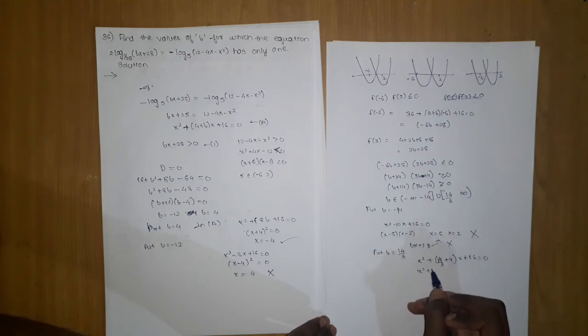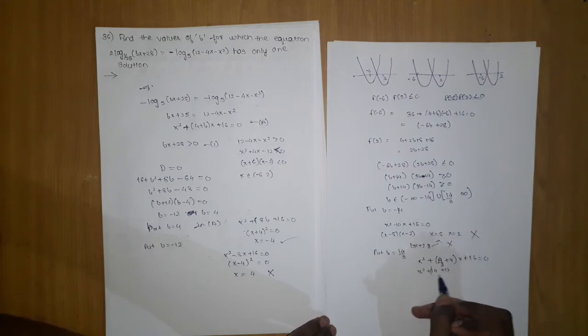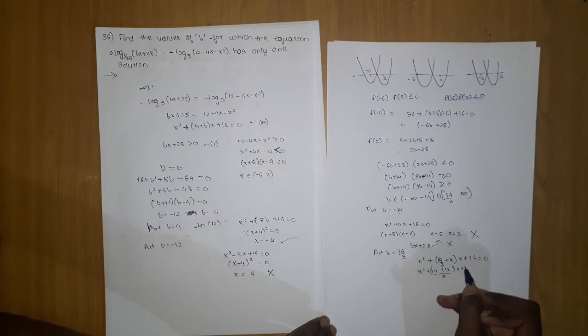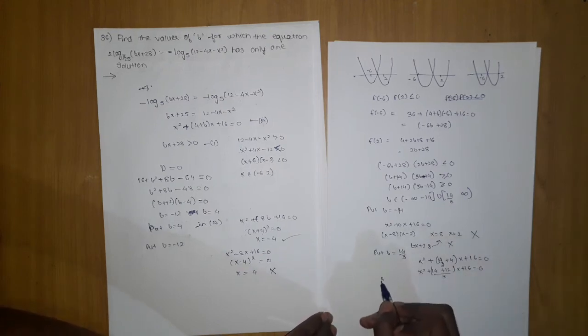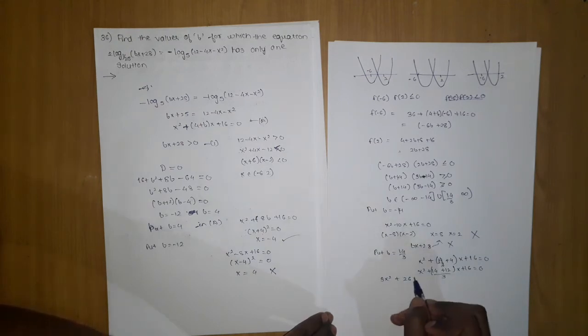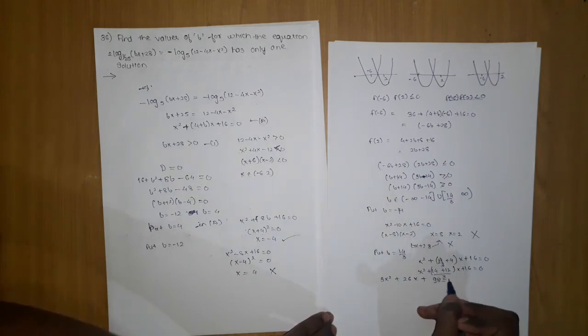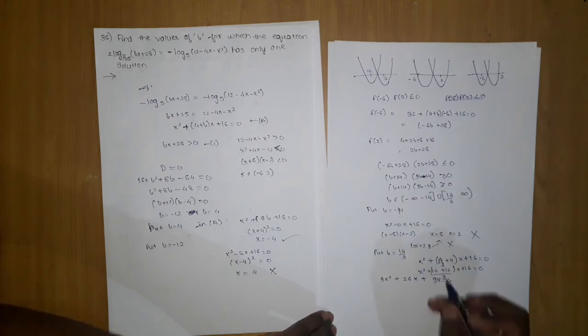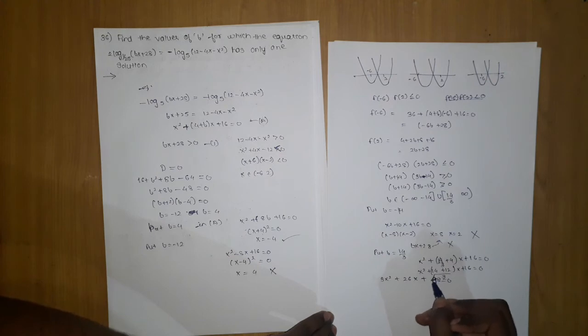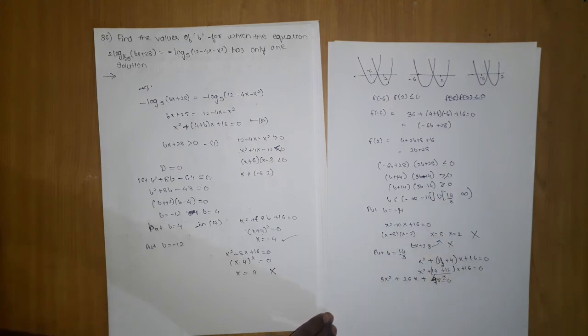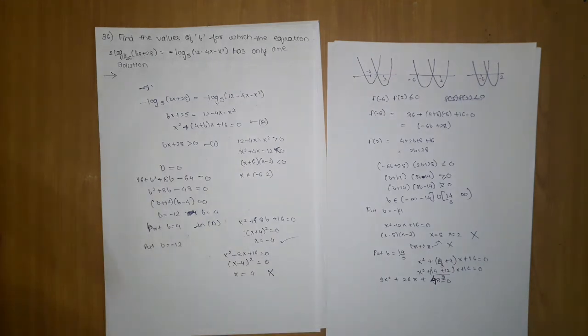That is x square plus 26 by 3 into x plus 16 equal to 0, so 3x square plus 26x plus 48 should be equal to 0. Now we need to find these roots.